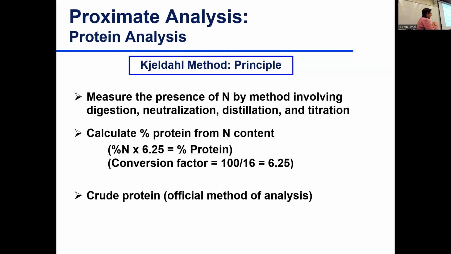But sometimes we have higher basic amino acids, and that would bring the nitrogen content to be over 16%. Sometimes it's 17, 18, 19%. So the higher the nitrogen content percentage in your given protein, the lower is your conversion factor.